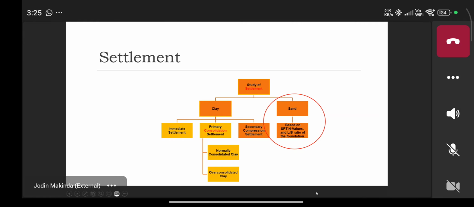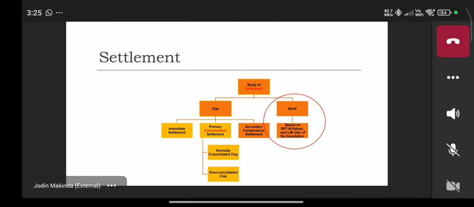Therefore, after we have the N value, we also need to know the ratio between the length and the breadth. When you're designing your structure, you have the length and the width. The width is the breadth. So you calculate the ratio of the length and the breadth.